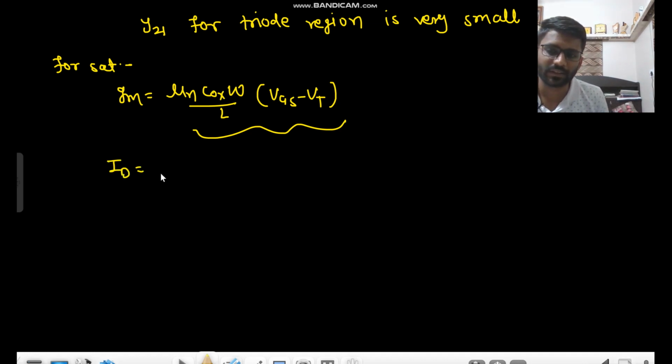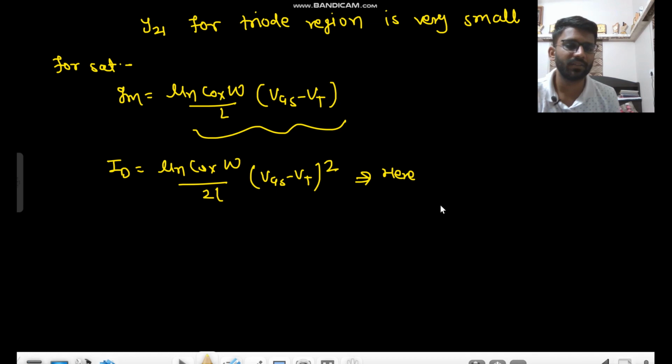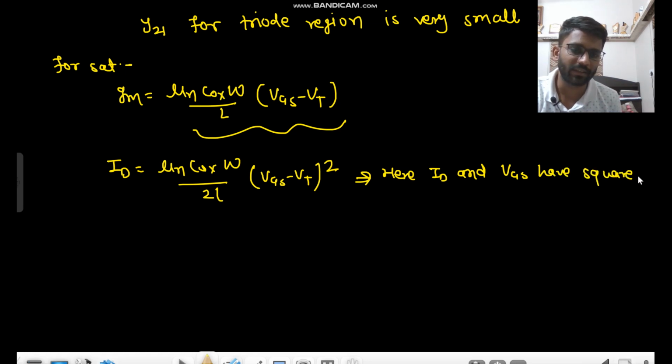Mu n COX W by 2L VGS minus VT whole square, right? Here ID and VGS have a square relation.